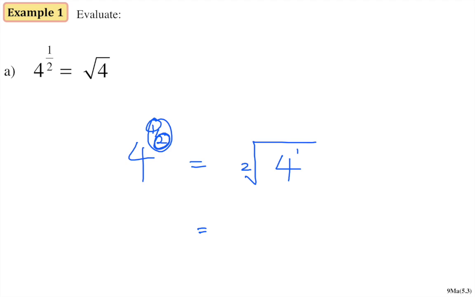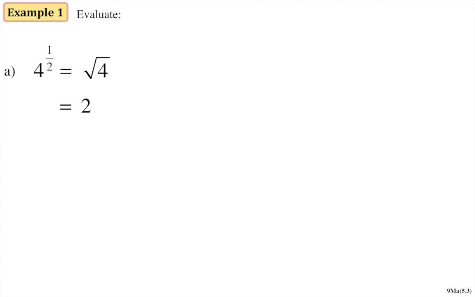Something you may or may not be aware of is that when you see a square root sign, it is assumed that there's a 2 there, but we never normally write it. And to the power of 1, we don't have to write. So those bits in green, we don't bother writing, so it's just square root 4. And the square root of 4 is 2.